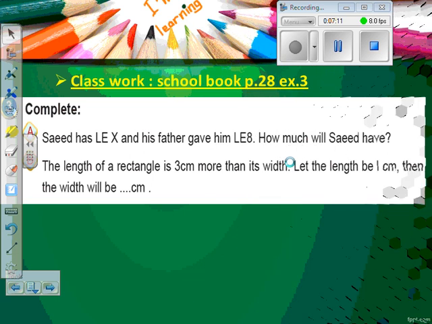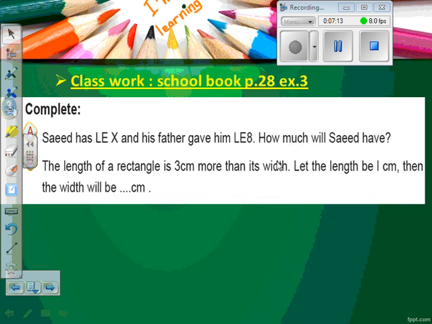Let's go to page 28 also, but exercise number 3. In exercise number 3, complete letter A. Saeed has LE x and his father gave him LE 8. How much will Saeed have?